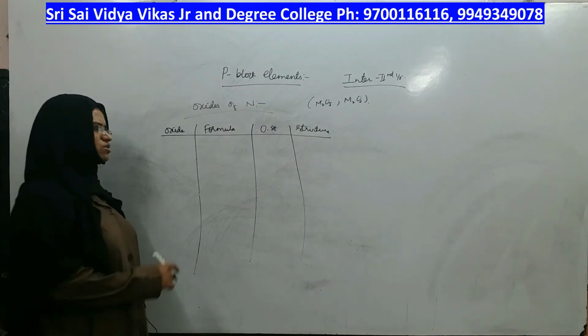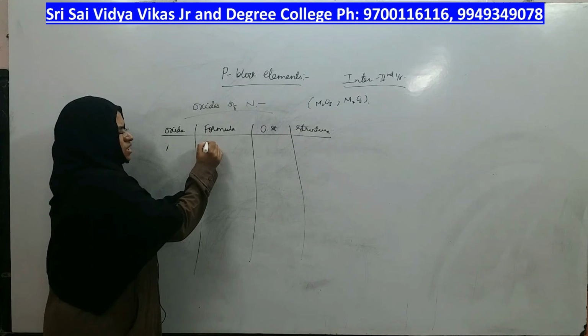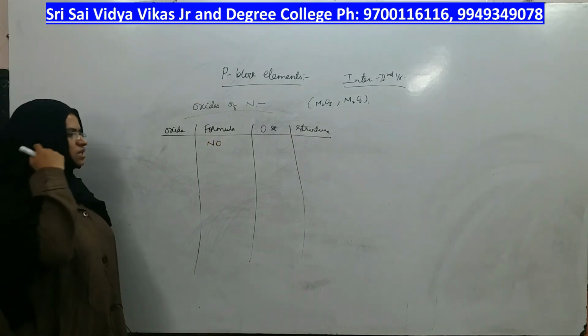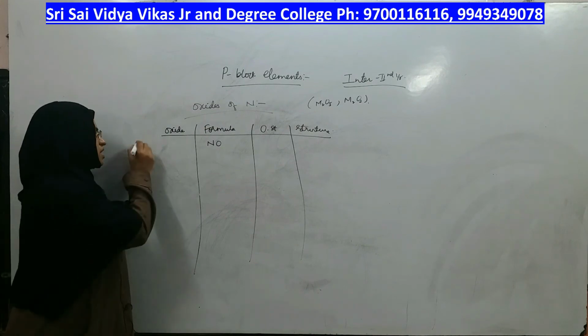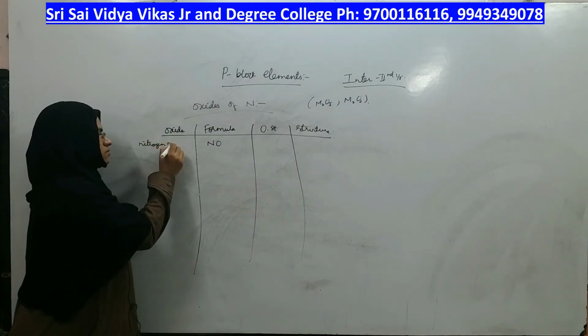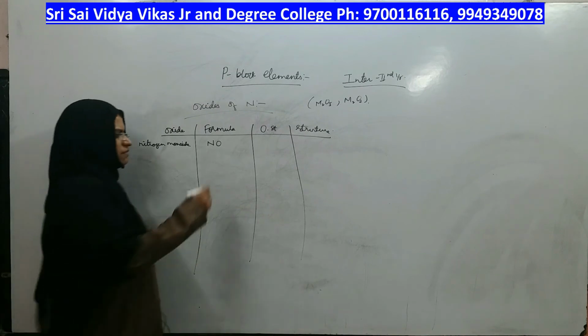Starting from the first oxide, what is the first oxide we can take? NO. What is the name of that? Nitrogen monoxide, right? Now, what is the next oxide we can have?